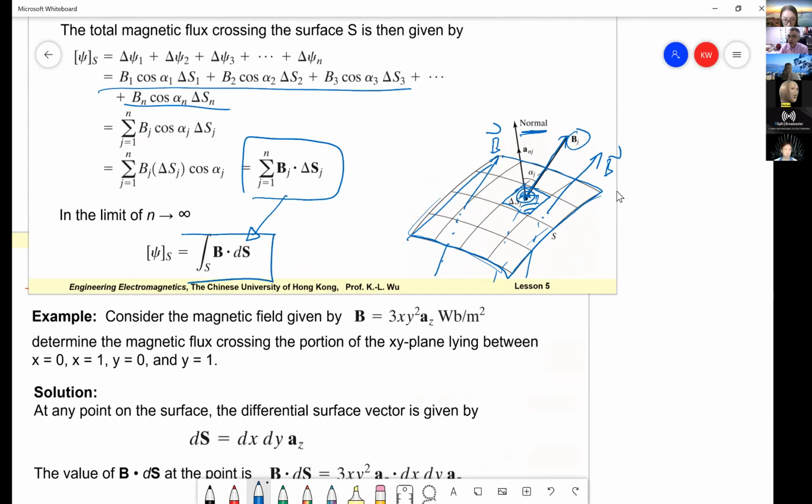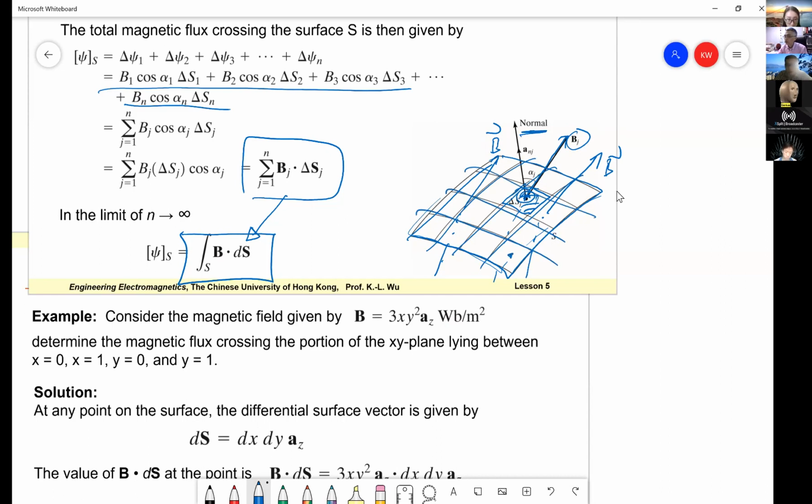Next time when you see this surface integration, don't be panicked. What that is, it's just addition. I chop this into many small surfaces.